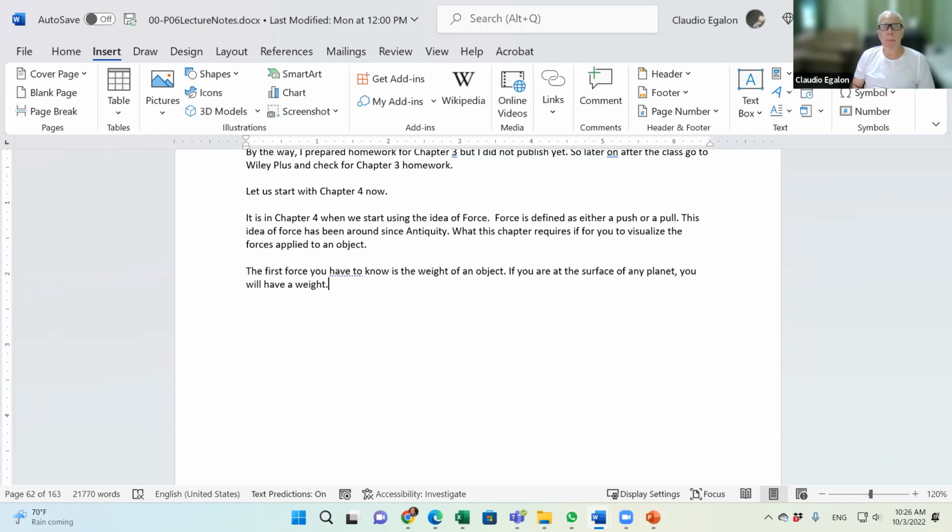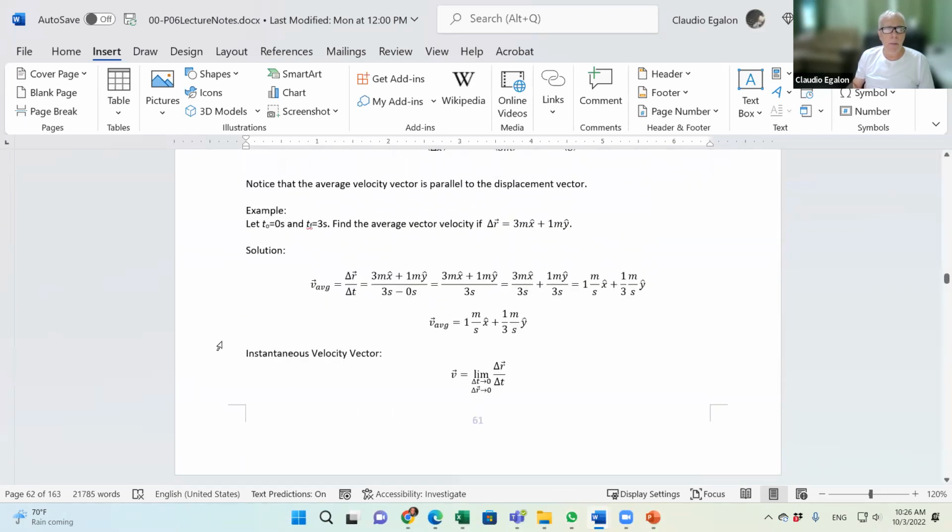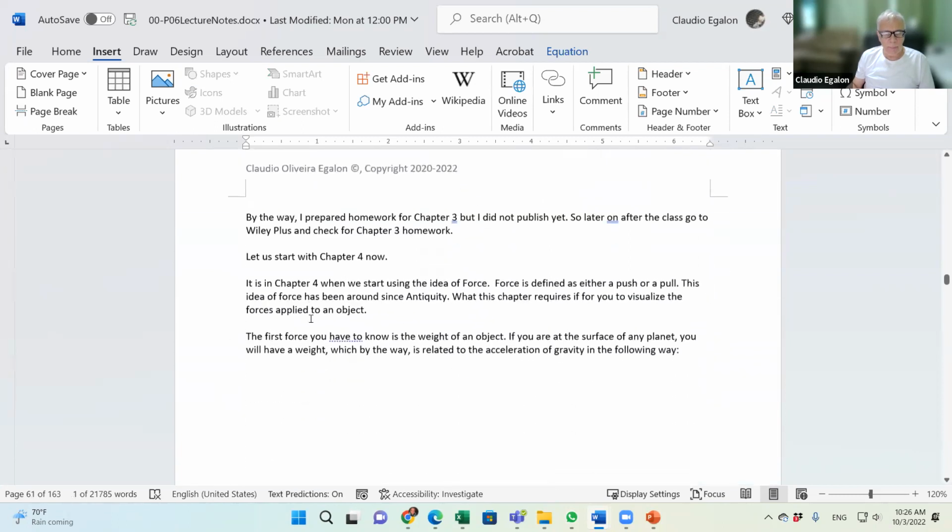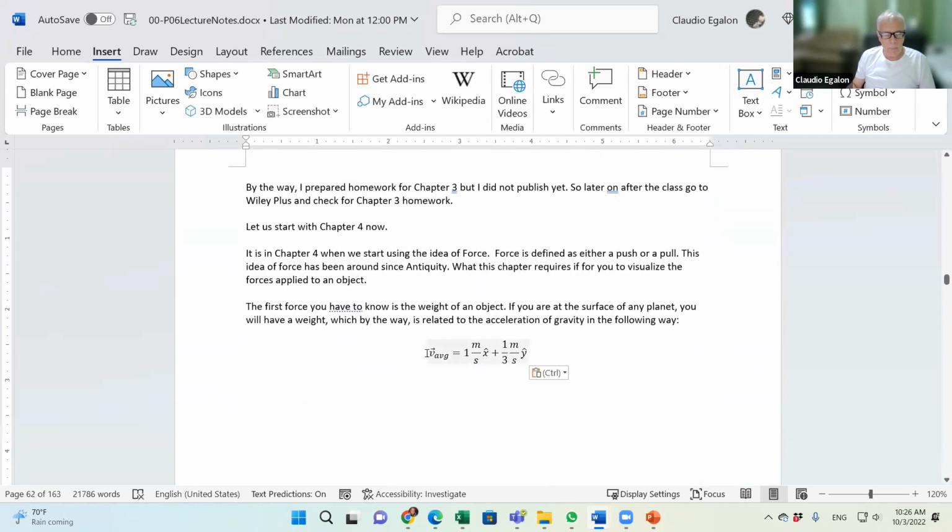Which by the way is related to the acceleration of gravity in the following way. So weight, write that down as W, is g, right?